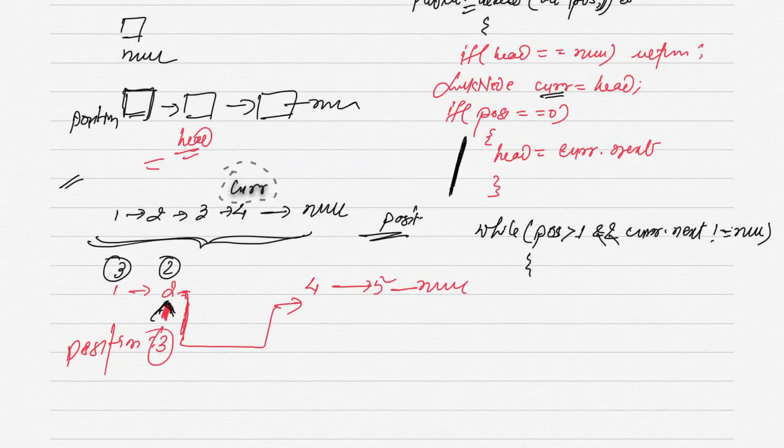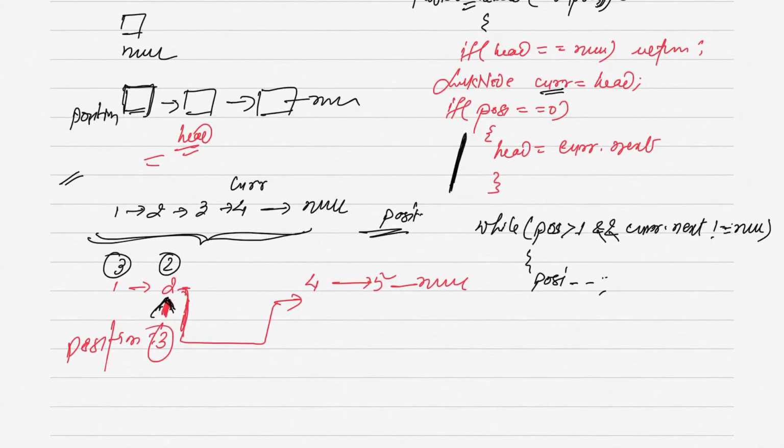Anything which is after the tail we do not have to delete, we simply need to write some conditions so at least we can escape those operations. So here what we need to do: first, reduce the position; second, move the current pointer to current dot next. Now at least we are familiar with how this next works, right?